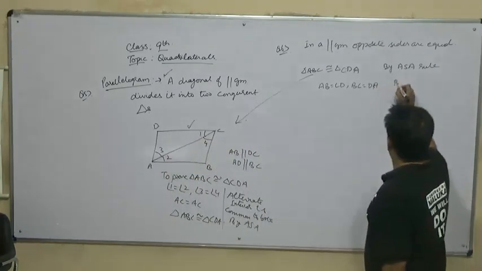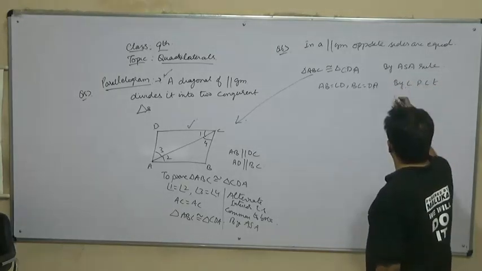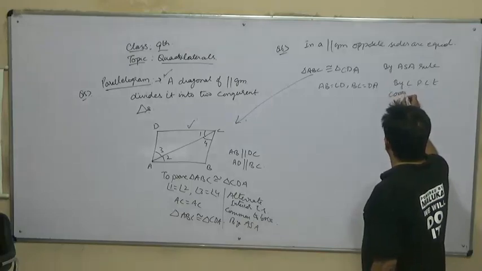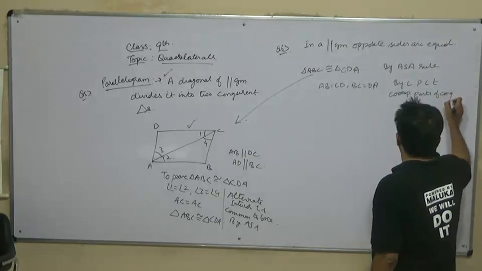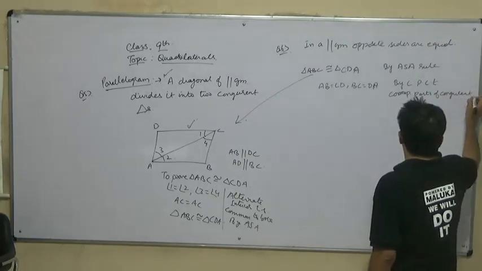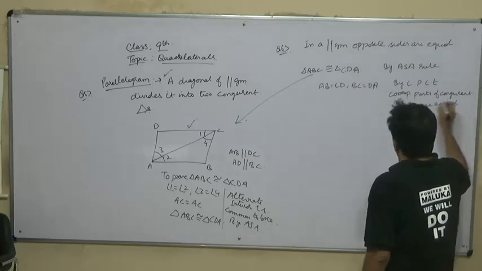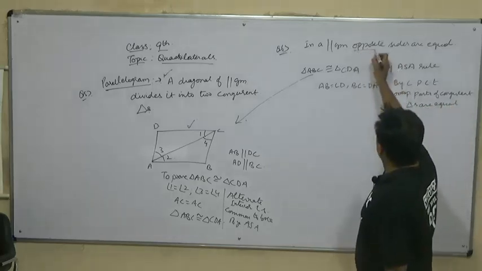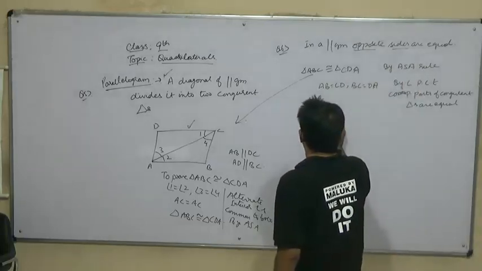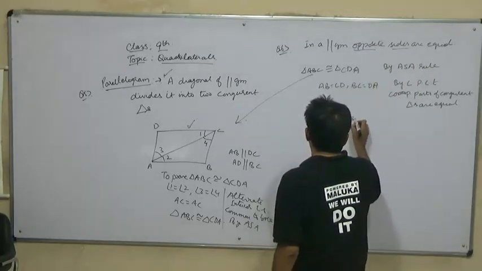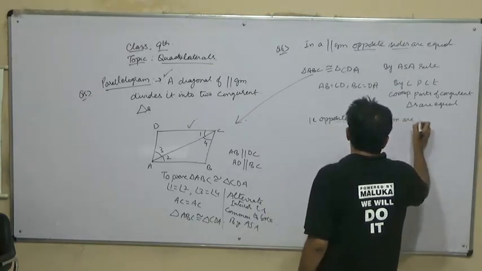This is by CPCT, that is corresponding parts of congruent triangles are equal. So this proves our condition property. So that is, opposite sides of a parallelogram are equal.